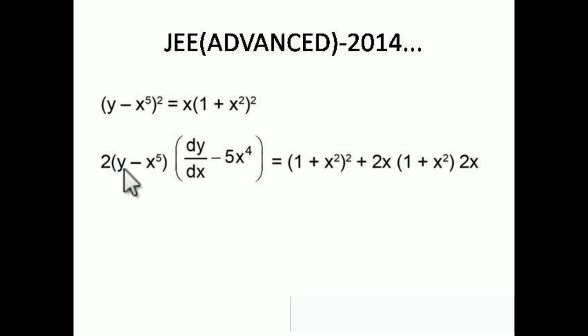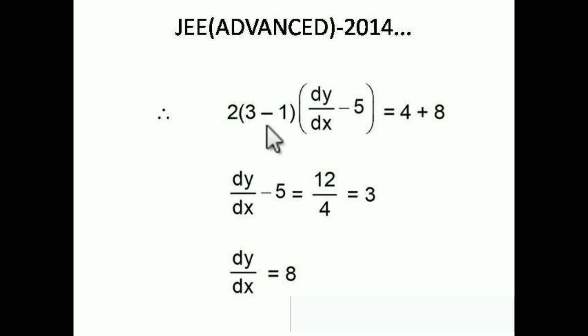We have 2 into (3 minus 1) into (dy by dx minus 5) equals (1 plus 1 squared) whole squared plus 2 into 1 into (1 plus 1) into 2. So 2 into 2 into (dy by dx minus 5) equals 4 plus 8. This becomes 12, and 2 into 2 is 4, so dy by dx minus 5 equals 3. So dy by dx equals 8.